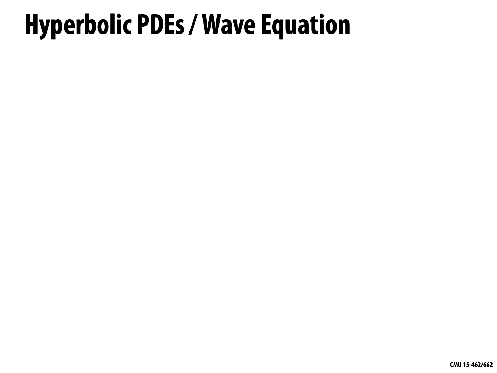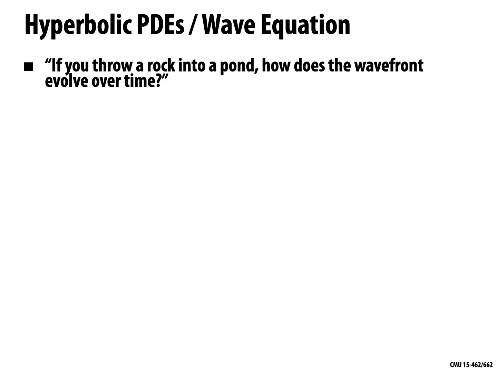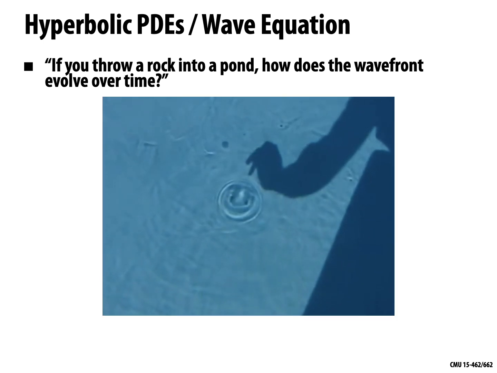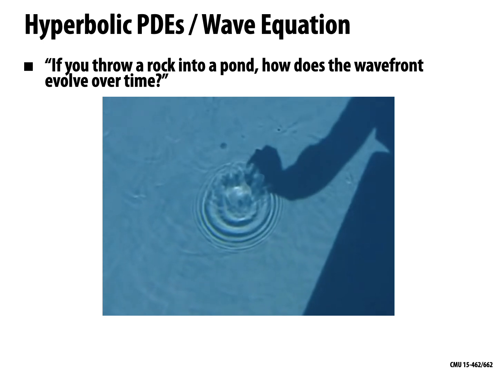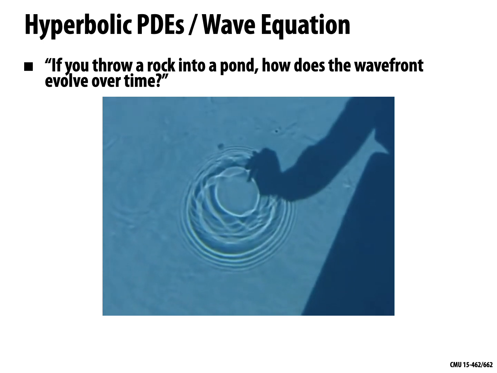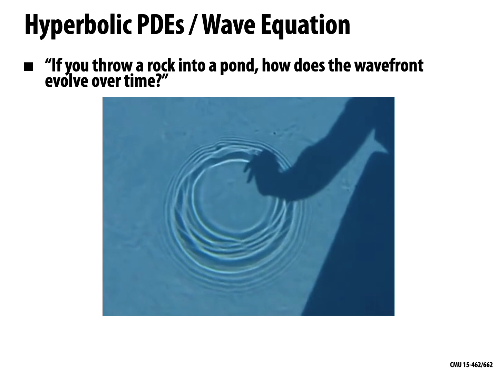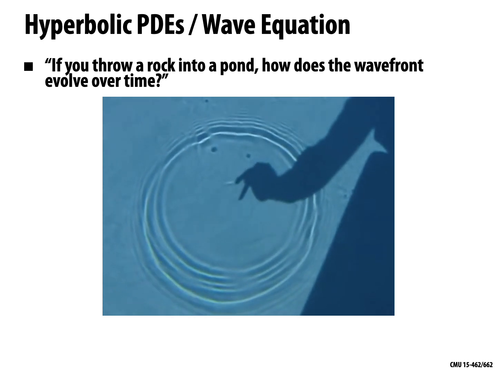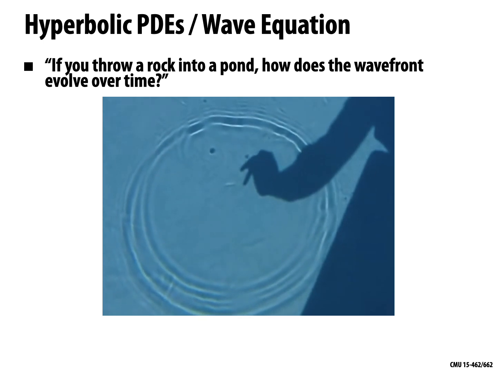Okay. And finally, we have the wave equation, which is this idea of, okay, if I throw a rock into a pond, or I'm standing at my swimming pool and I just touch it very gently on the surface, how does the wave evolve over time? Okay. And why might this equation be a little bit harder to solve?